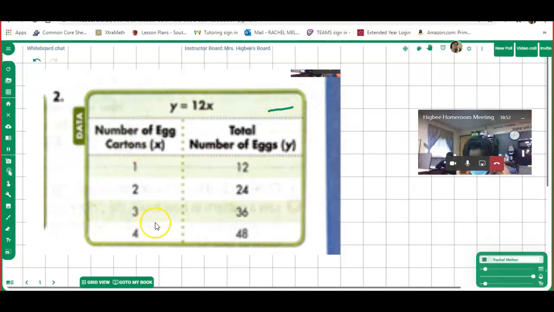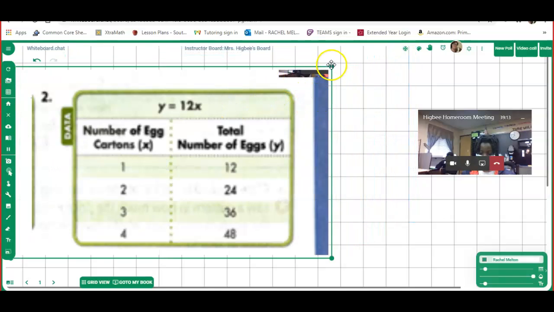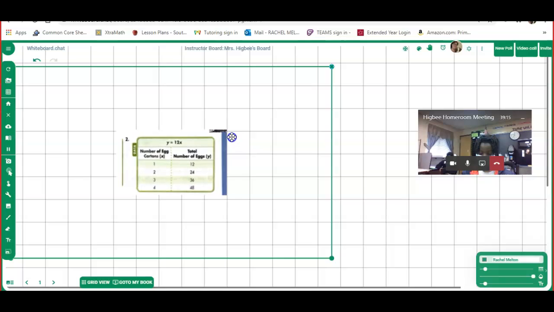I wish I could make that smaller. How do I make it smaller is the question. Thanks for waiting patiently, guys. I don't know how. Oh, there we go. Move and resize. Oh, that's so much better.